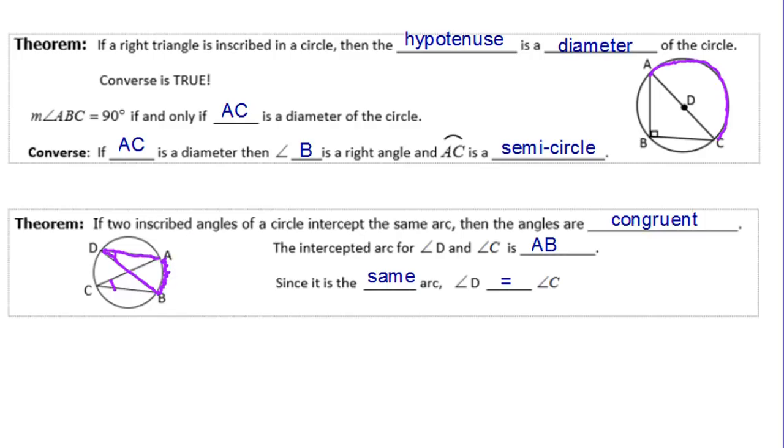Whereas if I look at the cone that is created for angle C, that cone is also intercepting arc AB. So therefore, these two angles would have to be the same because they're intercepting the same arc.